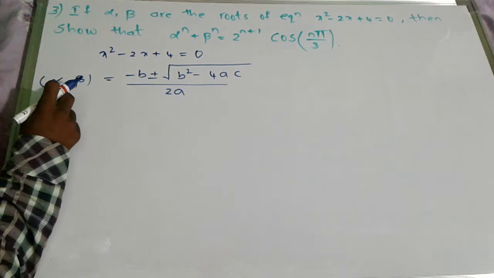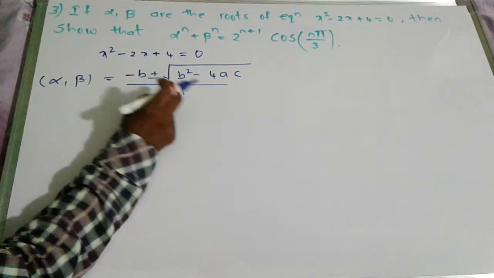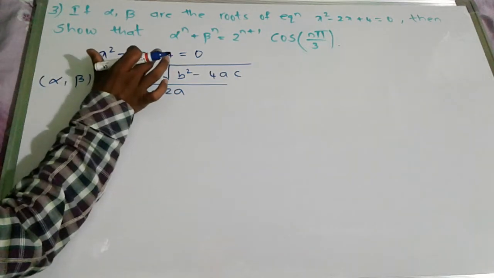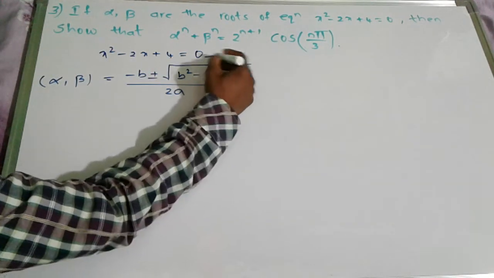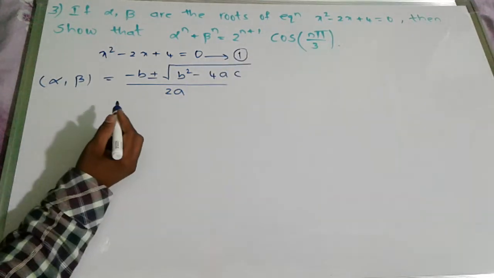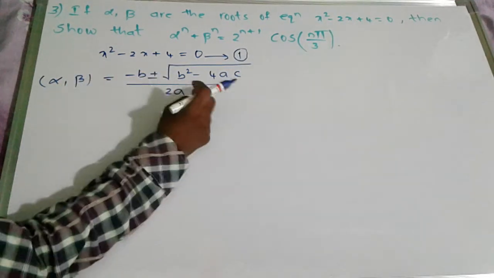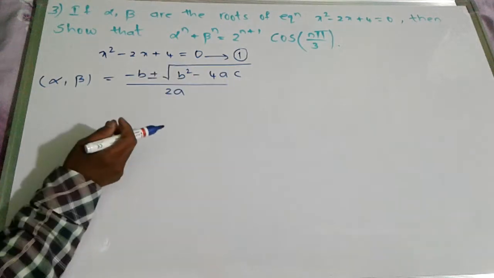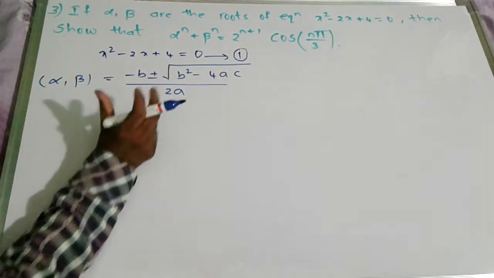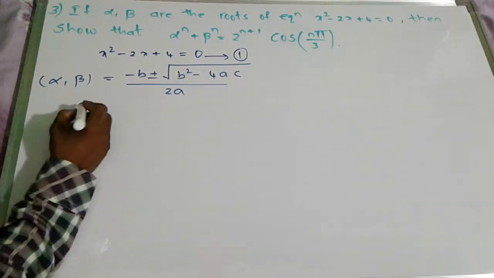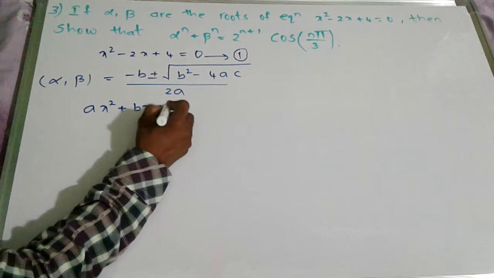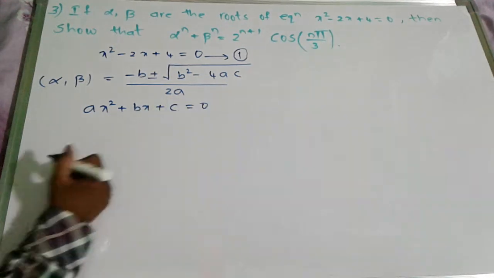hand side. So to know these a, b, c values, we have to compare this quadratic equation. Let's consider this equation as 1. To know the values of a, b, c, we have to compare this equation 1 with the general form of quadratic equation, that is ax square plus bx plus c equals 0.